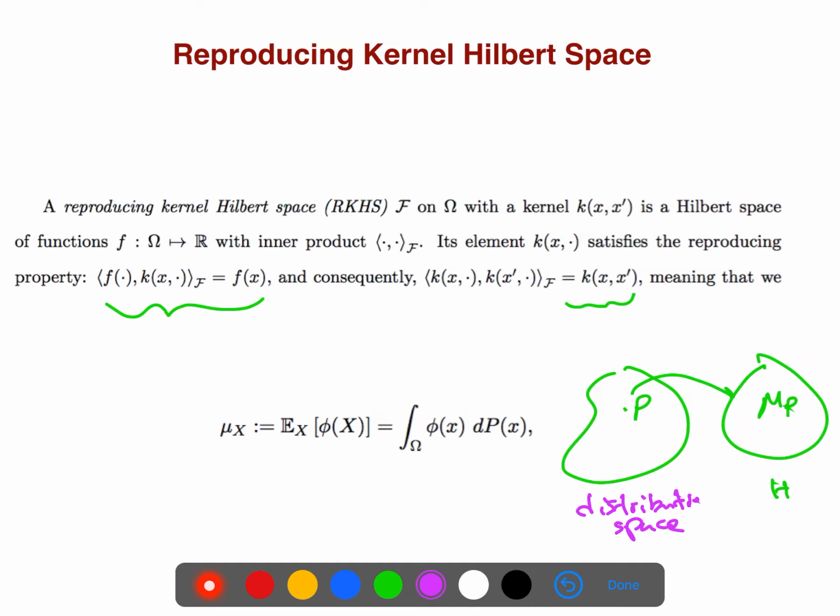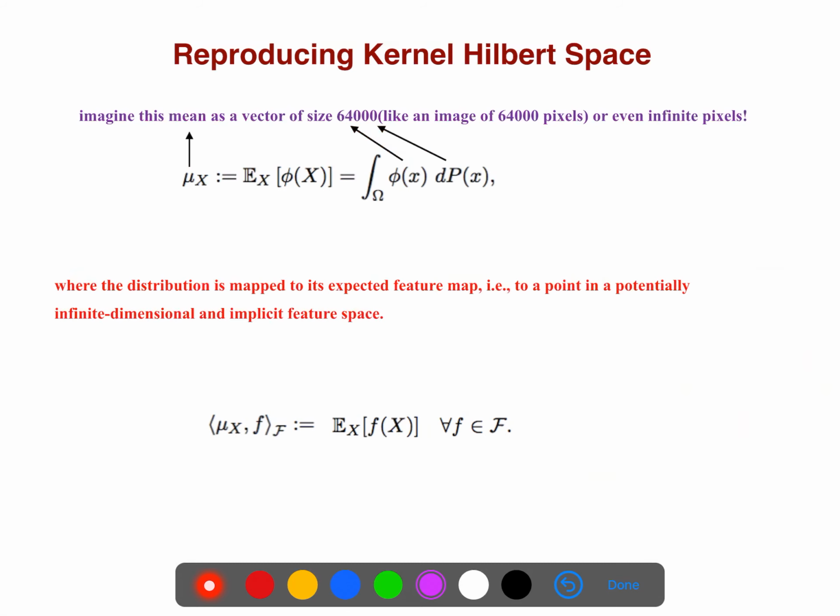We mapped it to Hilbert space, and imagine this mean as a vector of size 64,000, because we have an image of 64,000 pixels.